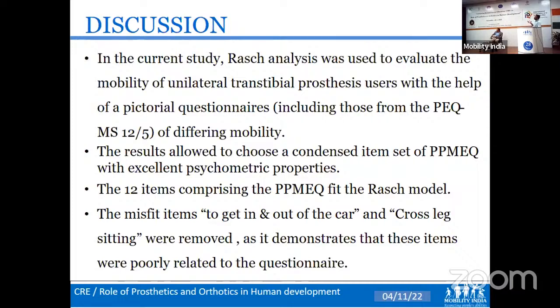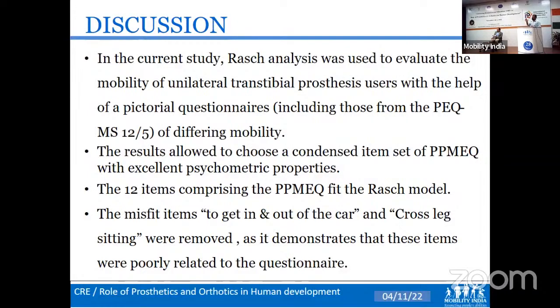In this current study, the Rasch analysis approach has been used to evaluate the mobility of unilateral transtibial prosthesis users with the help of pictorial questionnaires. The result allowed us to choose a condensed set of items with excellent psychometric properties. The psychometric properties are three: validity, reliability, and responsiveness. Here I addressed validity and reliability of the questionnaire. The 12 items comprising the PPMEQ fit the Rasch model.